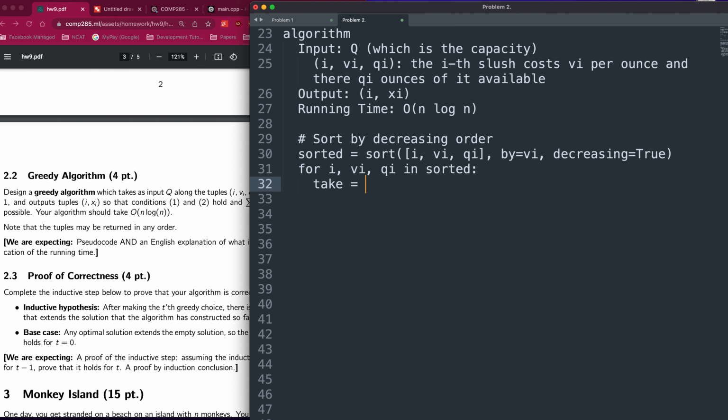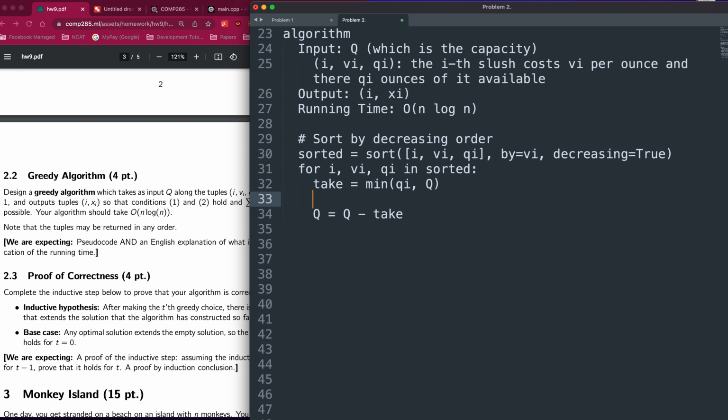So how much are we going to take? We're going to take the minimum of how much there is, Qi, and how much space we have left. The space we have left is going to be Q here, and we're going to update Q later: Q equals Q minus how much we took.